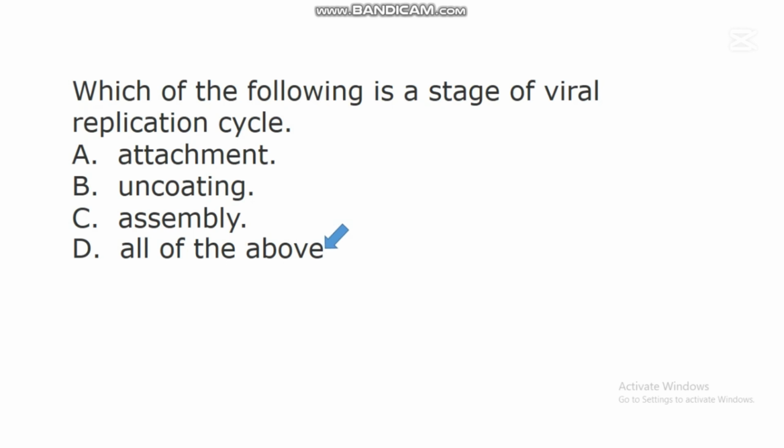There are different stages of viral replication cycle. One of these stages is called attachment. We have a stage known as uncoating. We have assembly and other stages. So all these options are different stages of viral replication cycle.